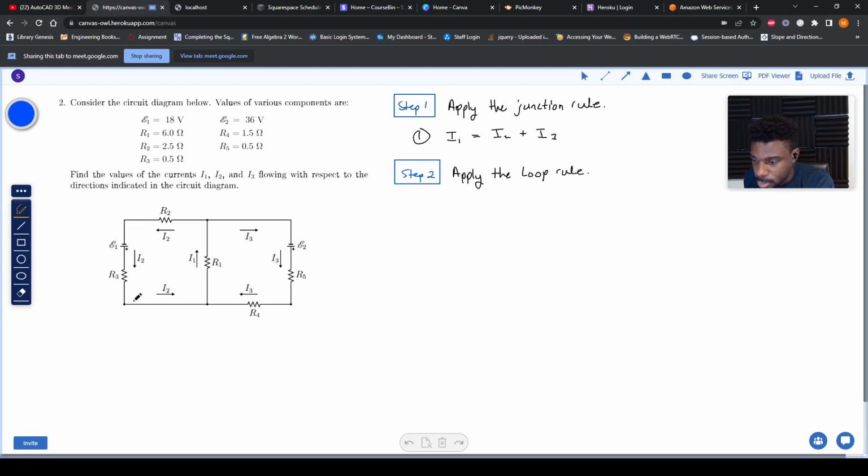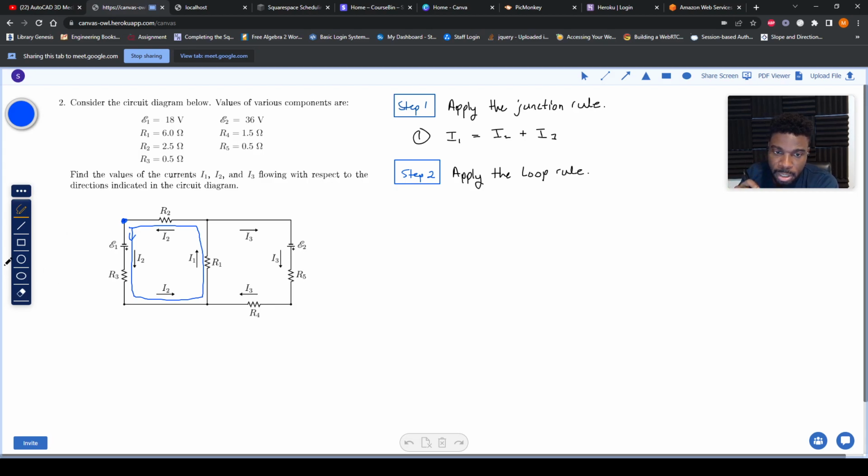So say we start over here, and then we go around this loop. By the time we come back, we're going to be at the same position, so our total change in potential is going to be 0.